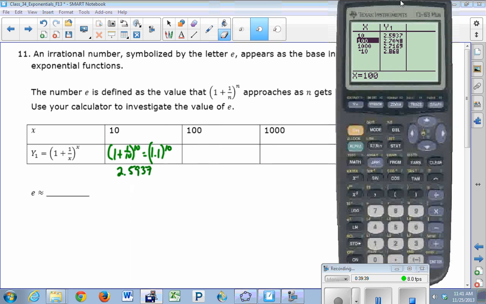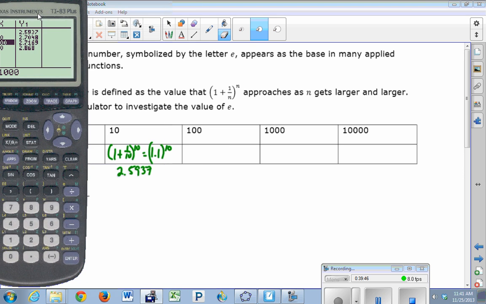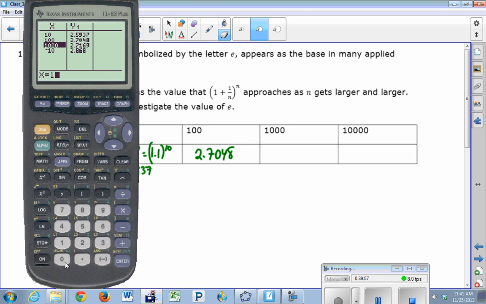So let's put 100 in. And what do we get for 100? 2.7048. Well, we got a little bit bigger, but not much. Let's put 1,000 in. See what happens. 2.7169.